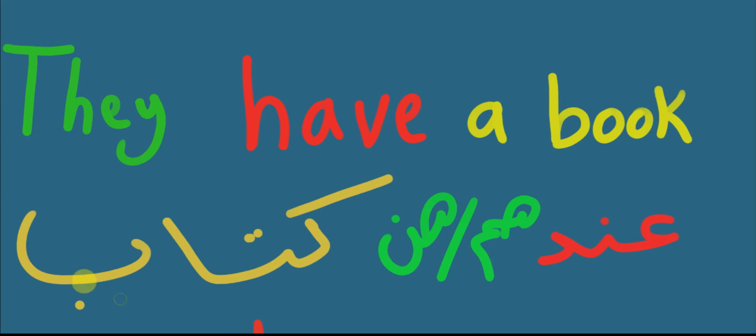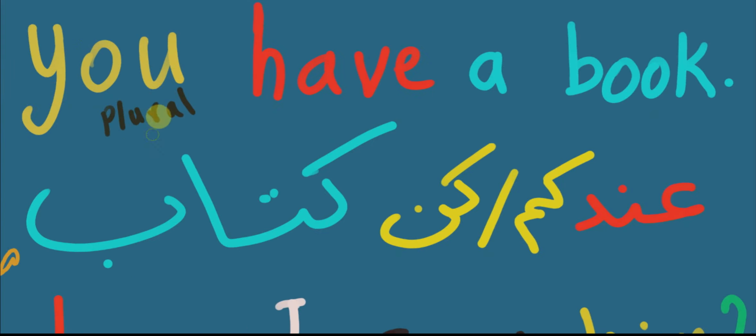You, this you here is in the plural sense, second person plural. You, it's the same for singular or plural in English, feminine or masculine. So you say you have a book.